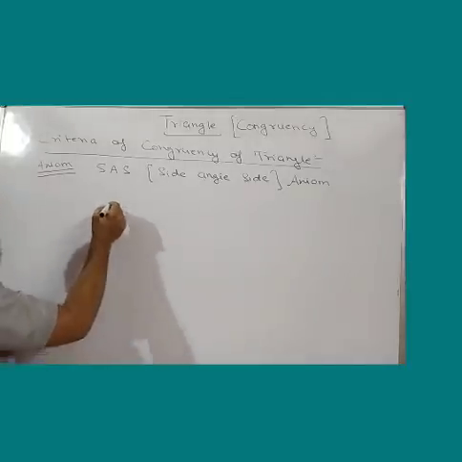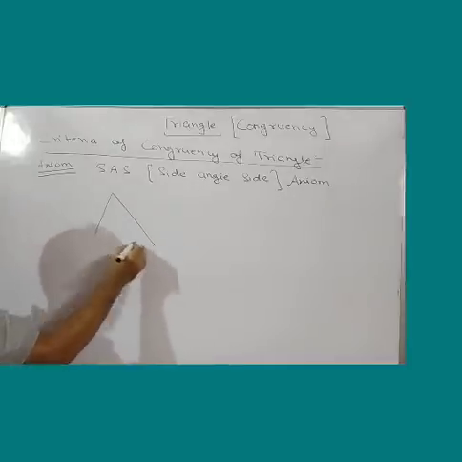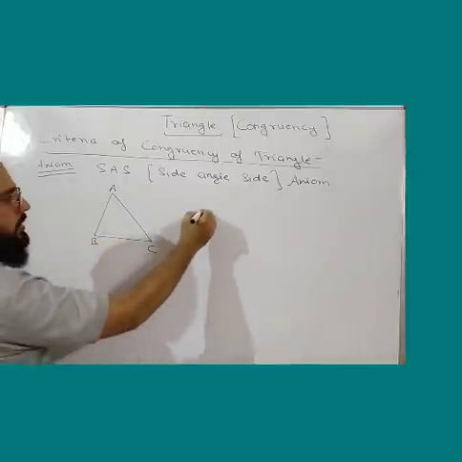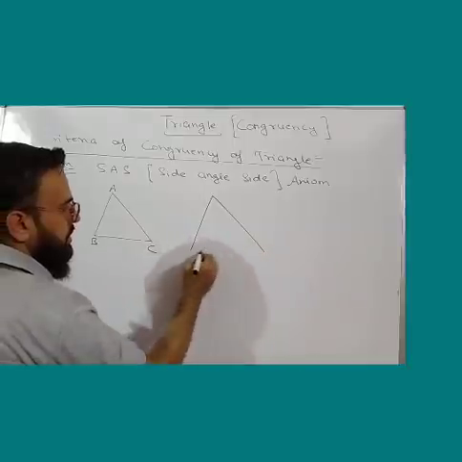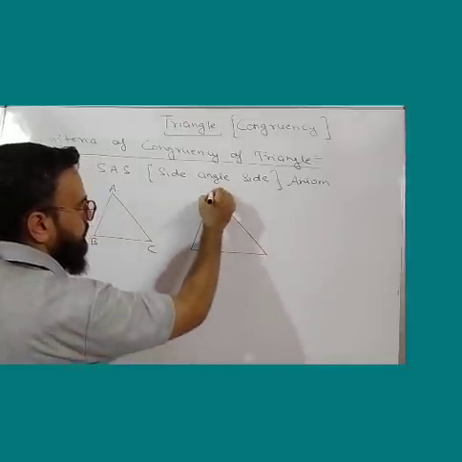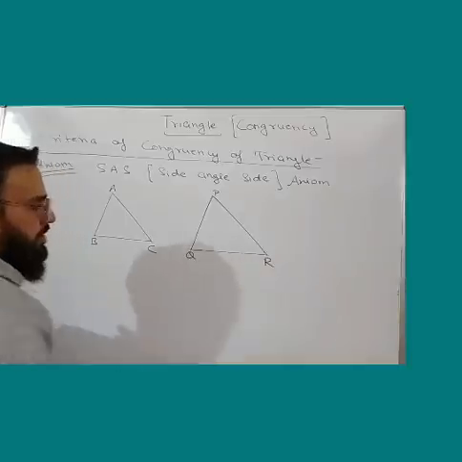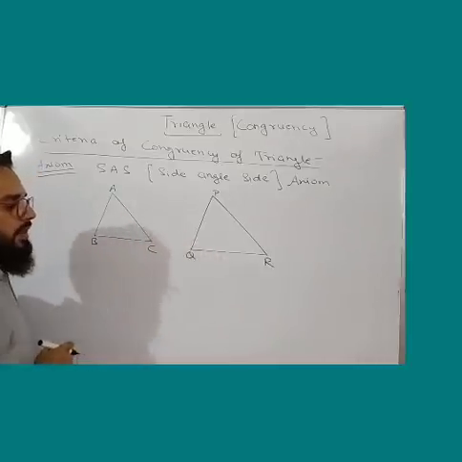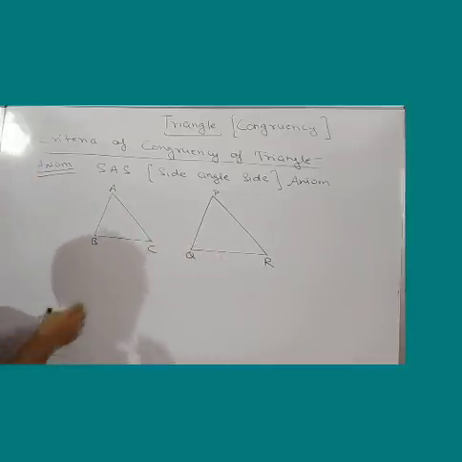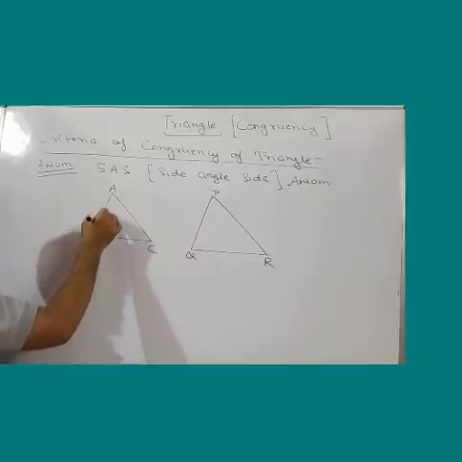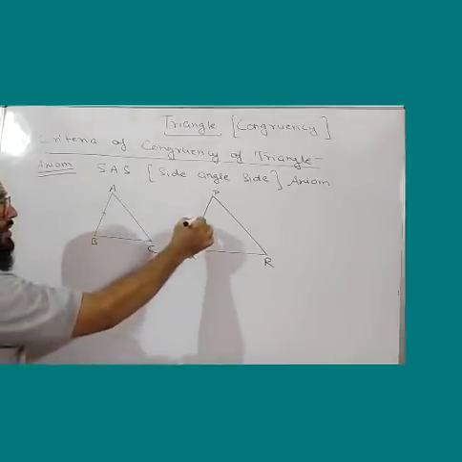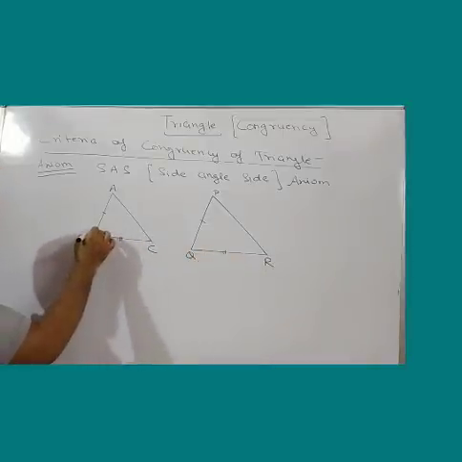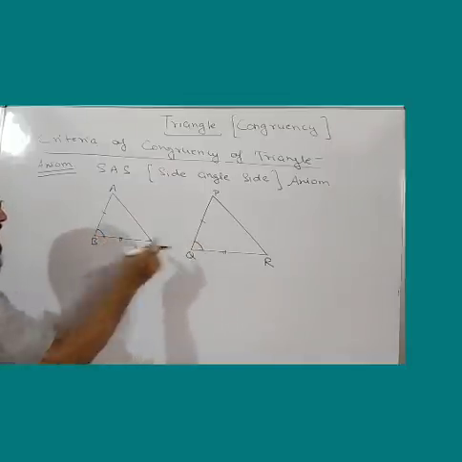It says that if we are given two triangles, suppose this is triangle ABC and another triangle is given which is triangle PQR. If two triangles are given in such a way that any two sides of the triangle, suppose side AB is equal to side PQ, side BC is equal to side QR, and the included angle between both the sides are equal.